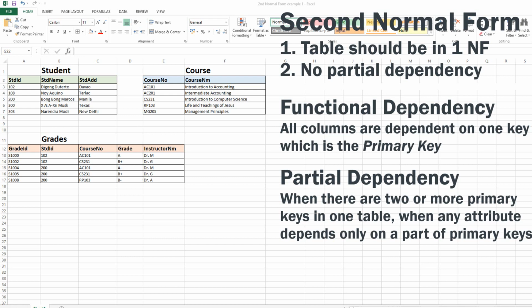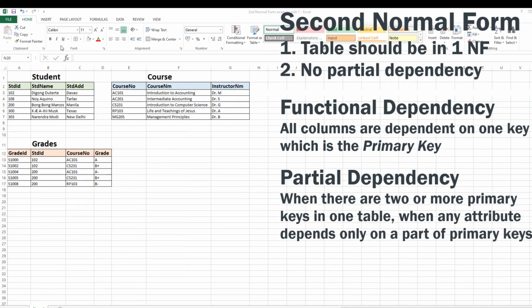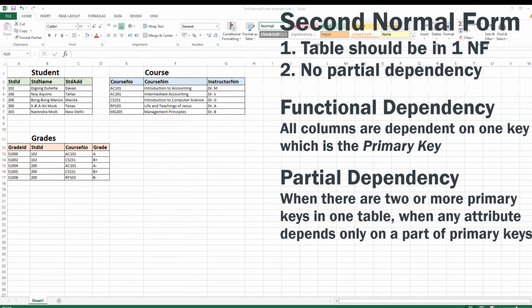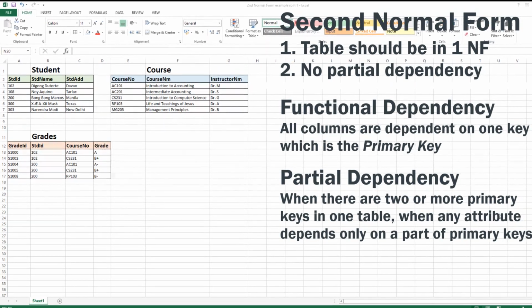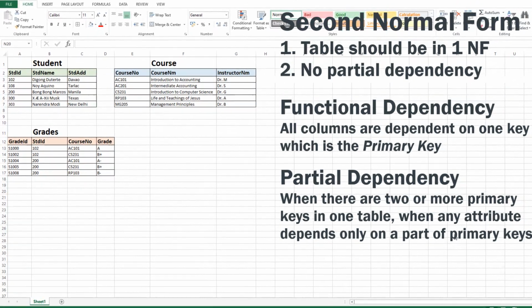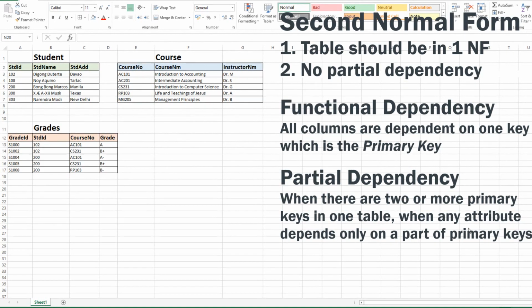So let's try. Our objective here is to remove the instructor name attribute from the grades table. Solution number 1: move the instructor attribute to the course table. In this way, we have attained second normal form. And we have another solution, so you actually have two choices.